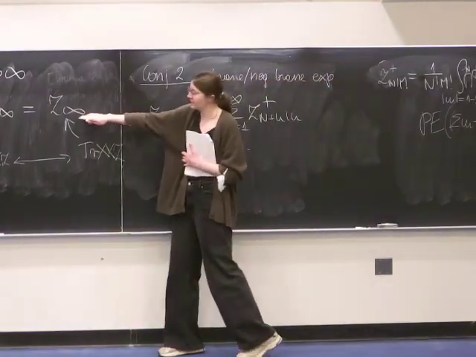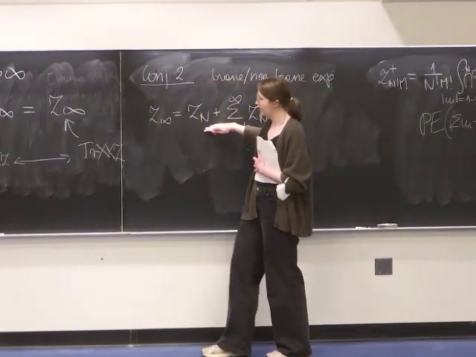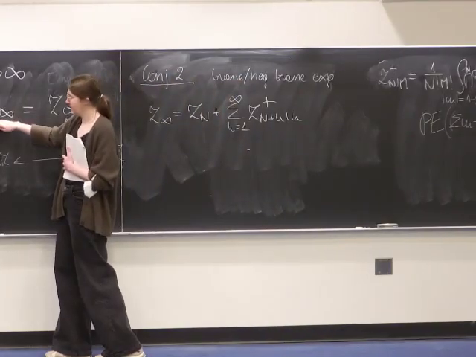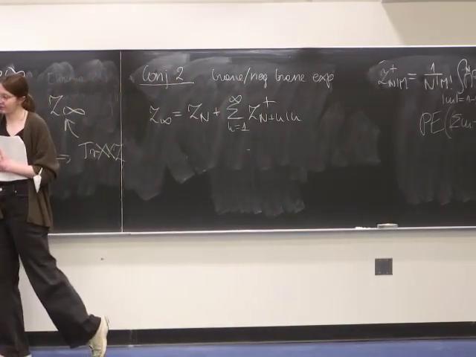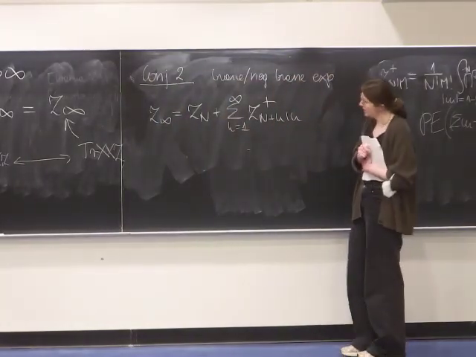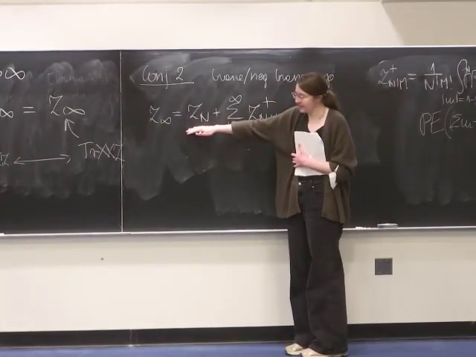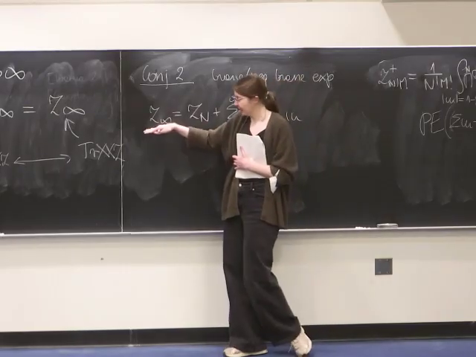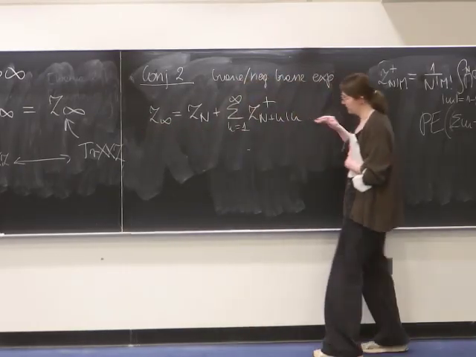Okay, so this is the infinity, and this is the N plus infinity slash infinity, which is computed by the sum. Here we have the finite-N index, here we have the infinite index, and here we have a bunch of corrections.